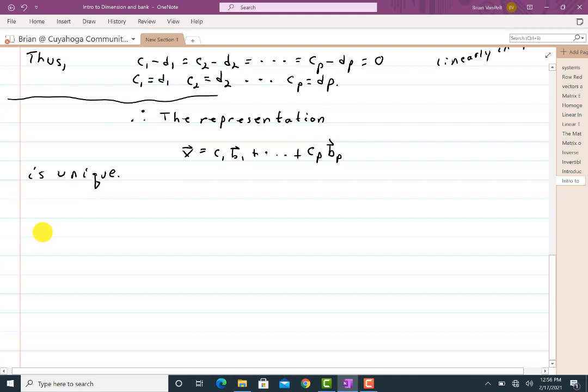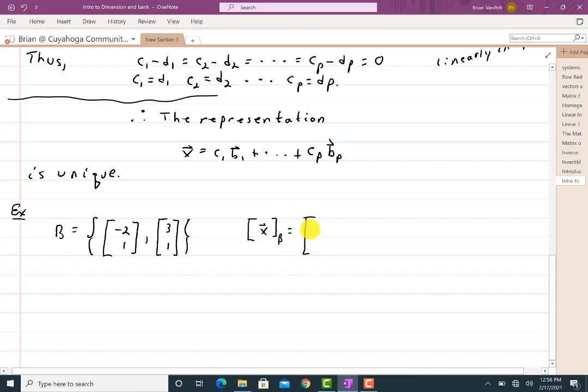And well, let's do some examples. Here, let B equal -2, 1, comma 3, 1. And let's let X, the representation of X in that basis, equal -1, 3.